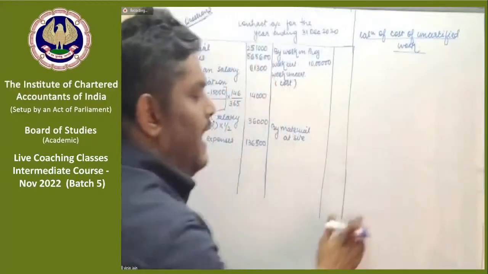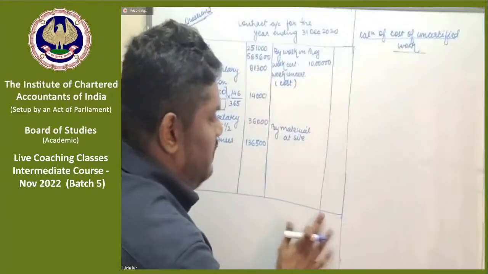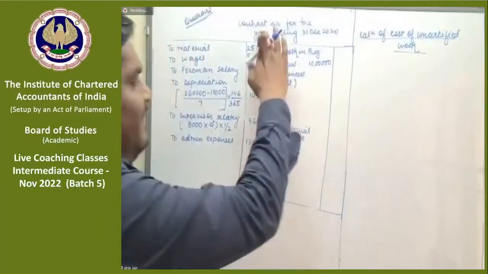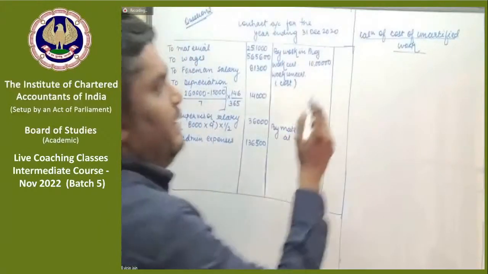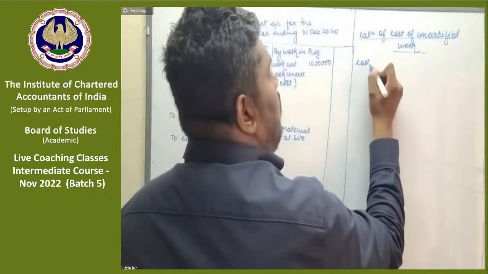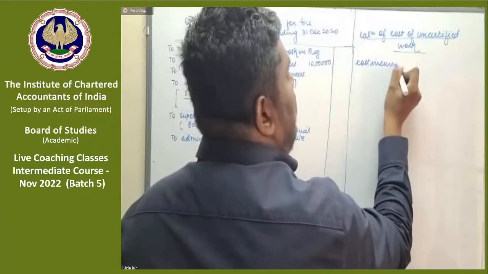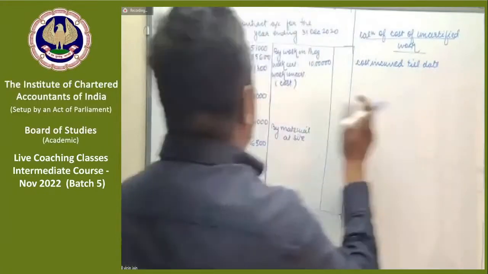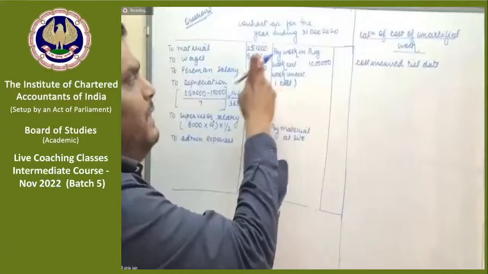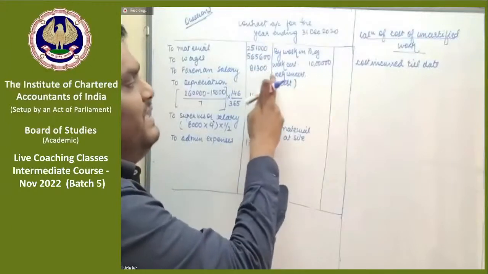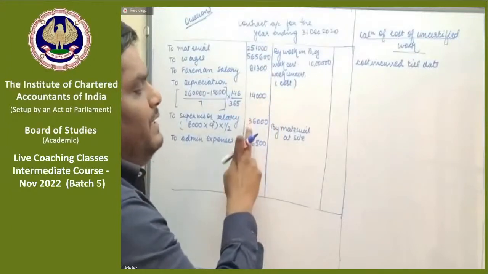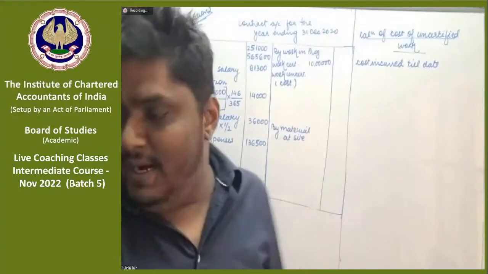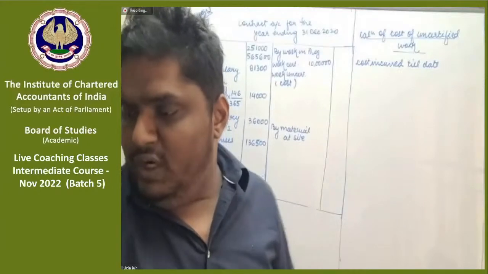Now the question is how to calculate the cost of uncertified work. We know very well how much cost is incurred till date. That is 2,51,000 plus 5,65,600 plus 81,300 plus 14,000 plus 36,000 plus 1,36,500 minus material at site, that is 35,400.